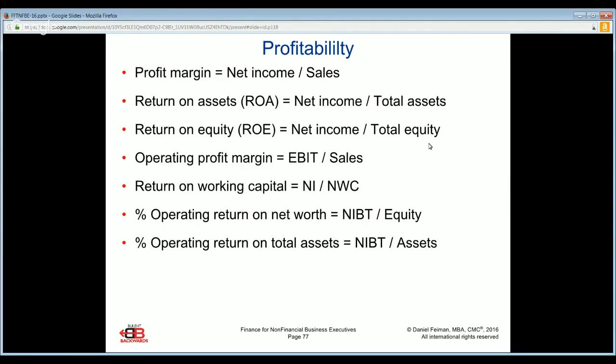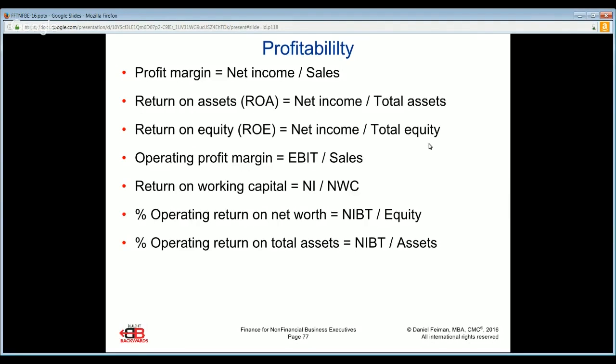If you remember our discussion on the income statement, everything on the income statement down to EBIT is driven by management choice, management decision. Everything below there, interest and tax, is pretty much out of their control. So although profit margin is always very important, that truly is the bottom line, our operating profit margin is one indication of how well management is making choices and implementing those choices.